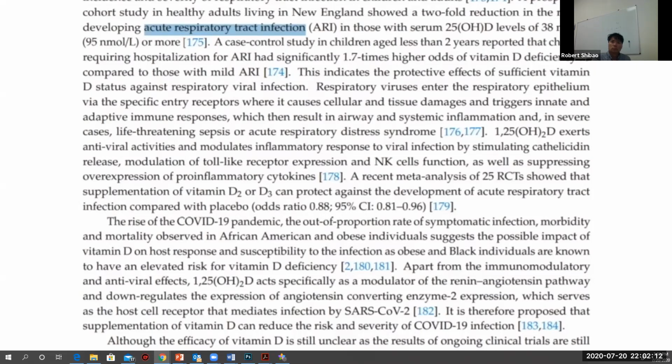And as we reported here at MedCram, a recent meta-analysis of 25 randomized control trials showed that supplementation of vitamin D2 or D3 can protect against the development of acute respiratory tract infections compared to placebo.